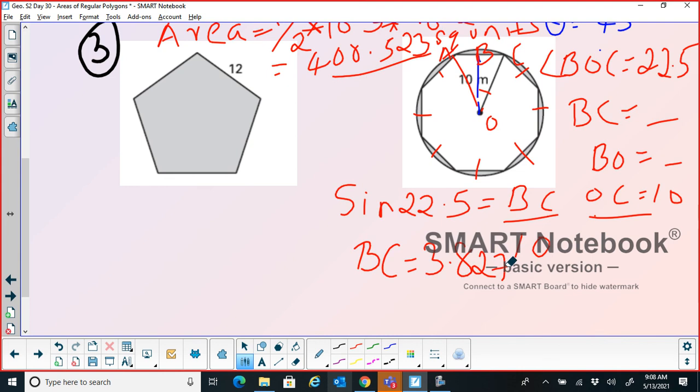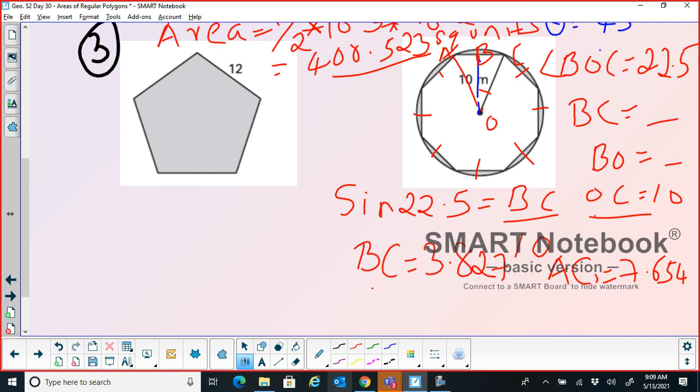Which means AB equals twice of this, 7.654. I have the value of AB, I have the value of AC. It should be AC. AC is twice of BC, it is 7.654.